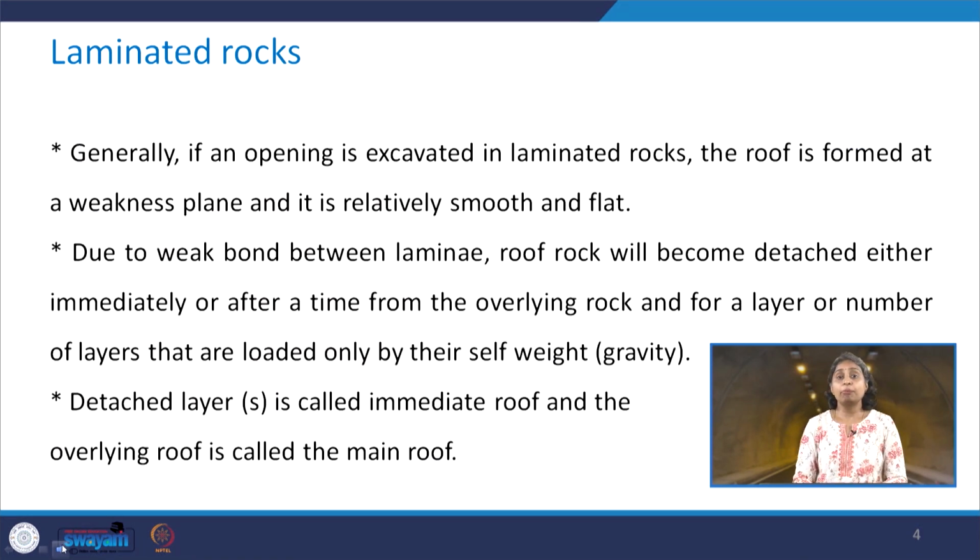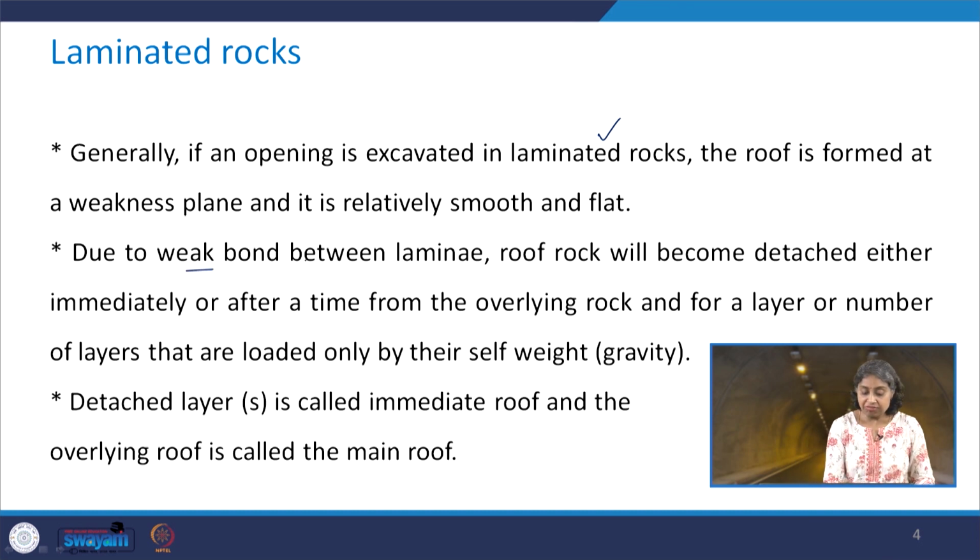Now if an opening is excavated in such rocks, which we are calling laminated rocks, generally the roof is formed at a weakness plane and it is relatively smooth and flat, because there is either no bonding between the two consecutive layers or it has very low strength.